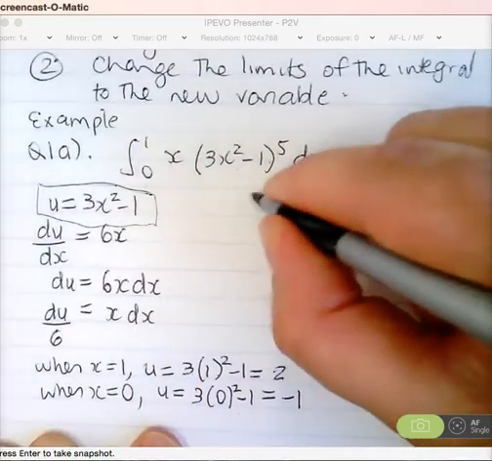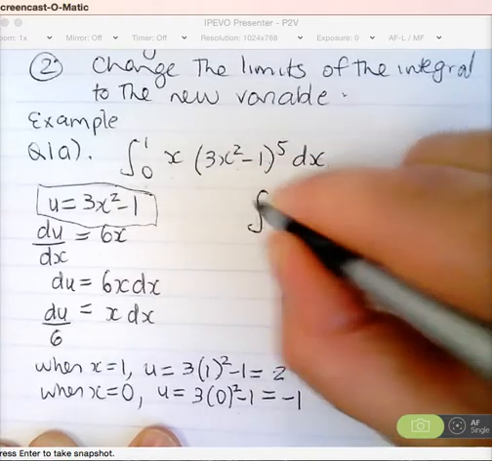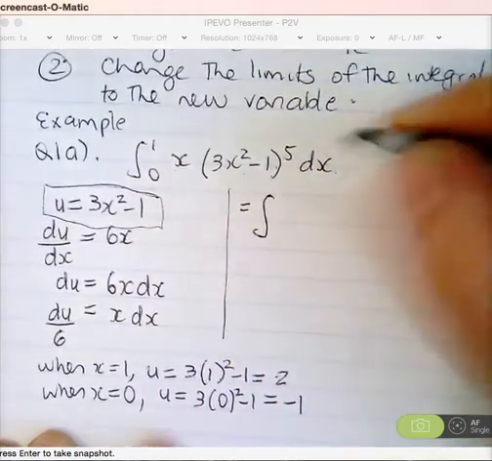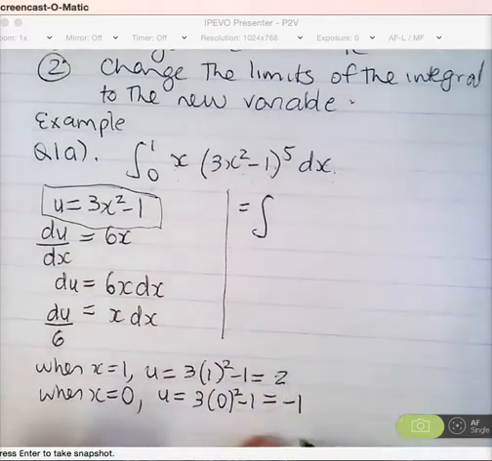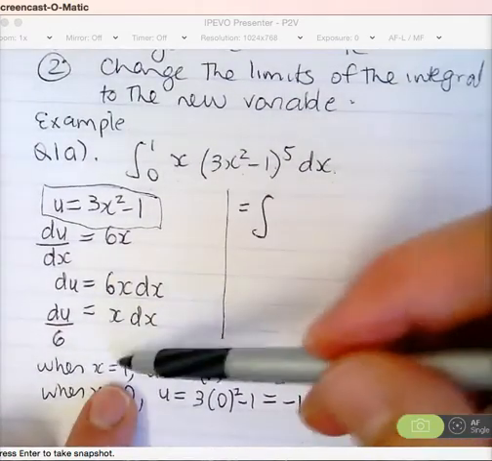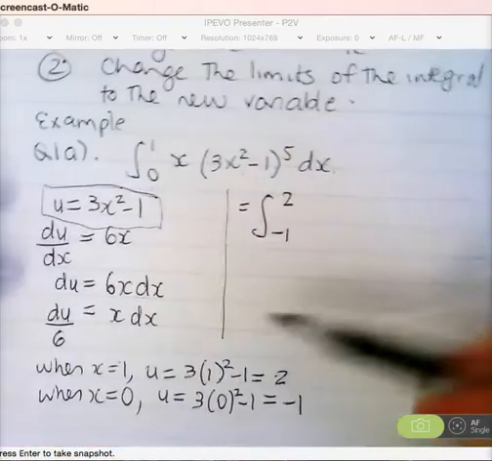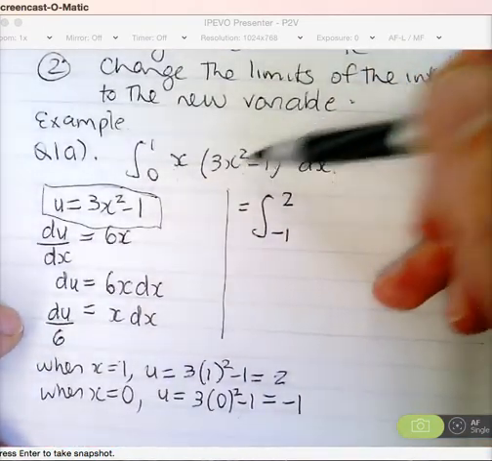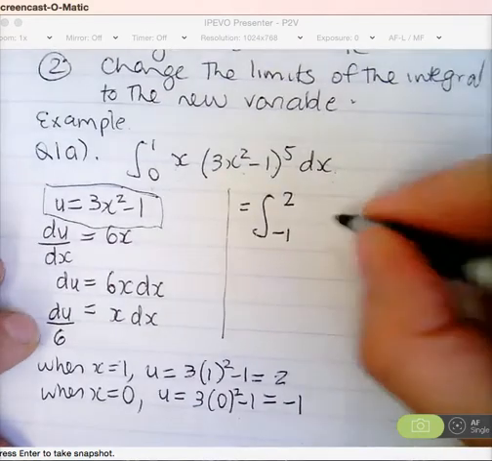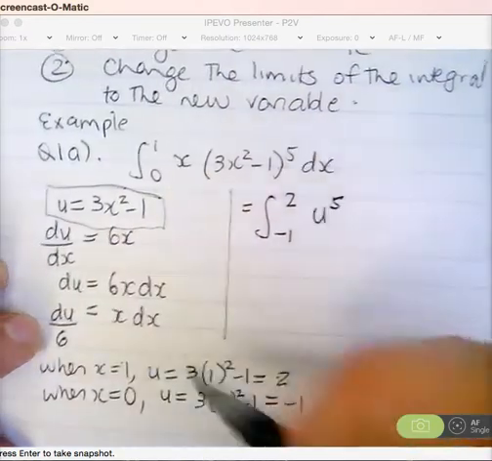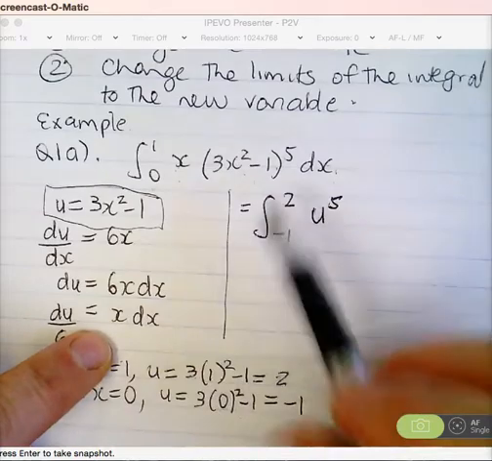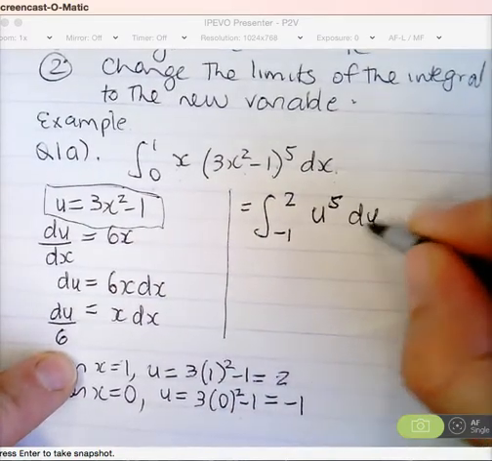So now my question becomes, that is equal to the integral not now between 1 and 0. The 1 gets replaced with a 2 and the 0 gets replaced with the negative 1. Let's replace this. The 3x squared minus 1 to the power of 5 is u to the 5. And we replace the x dx with du on 6.